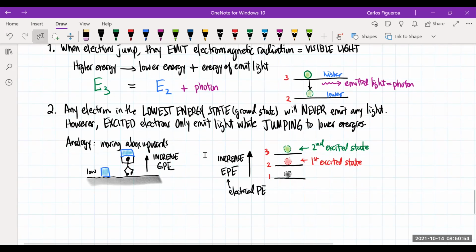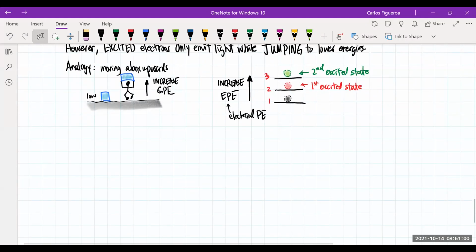So here we go now. Now that we have this, they emit light. What do I mean by that? When electrons jump from a higher to a lower energy level, the electron de-excites and emits light.